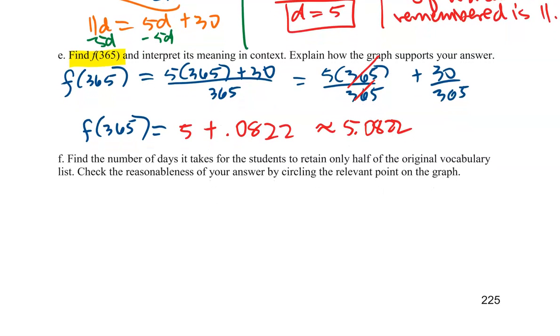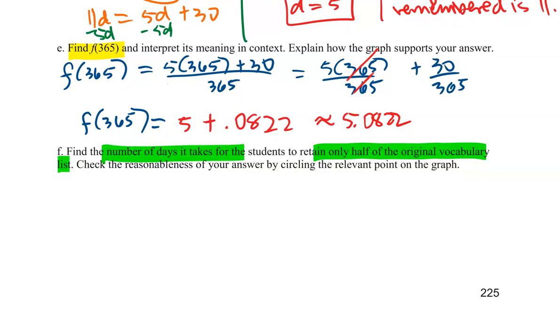The next is find the number of days it takes for the students to retain only half of the original vocabulary words list. Check the reasonableness of your answer by circling the relevant point on the graph.